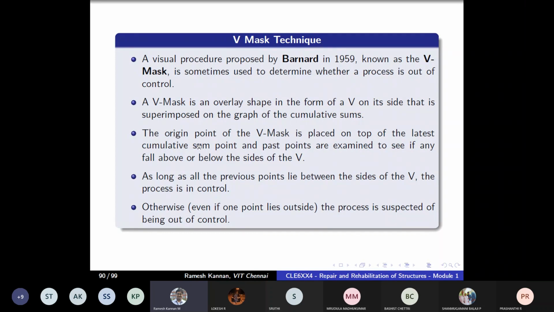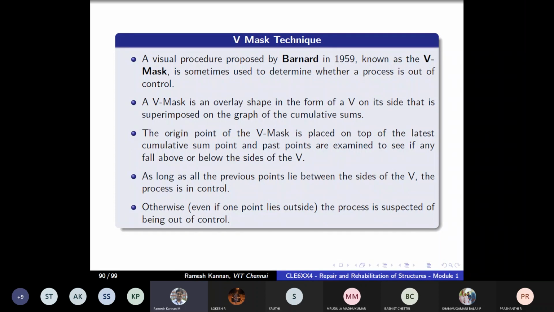And I'll just tell you what exactly that means. If all the points or the lines lie between the V-shaped funnel, then the process is considered to be in control, or there is no deviation much, or the entire reliability of the experiment is good.